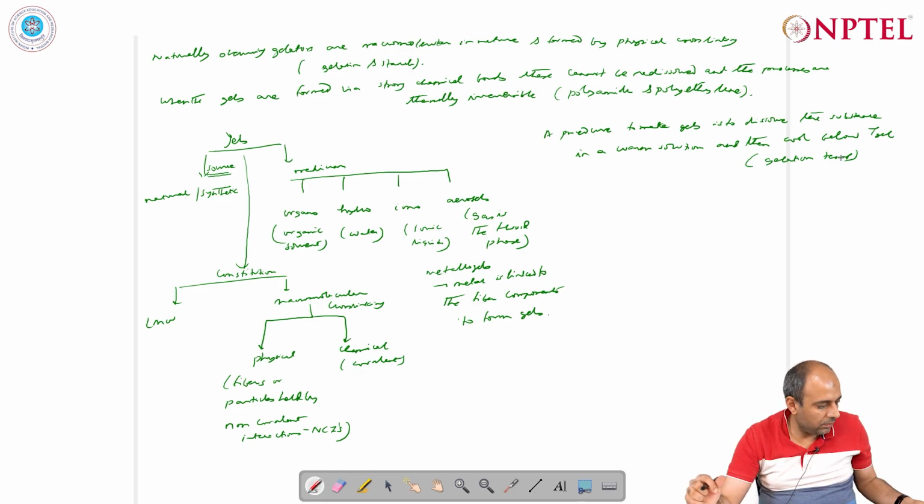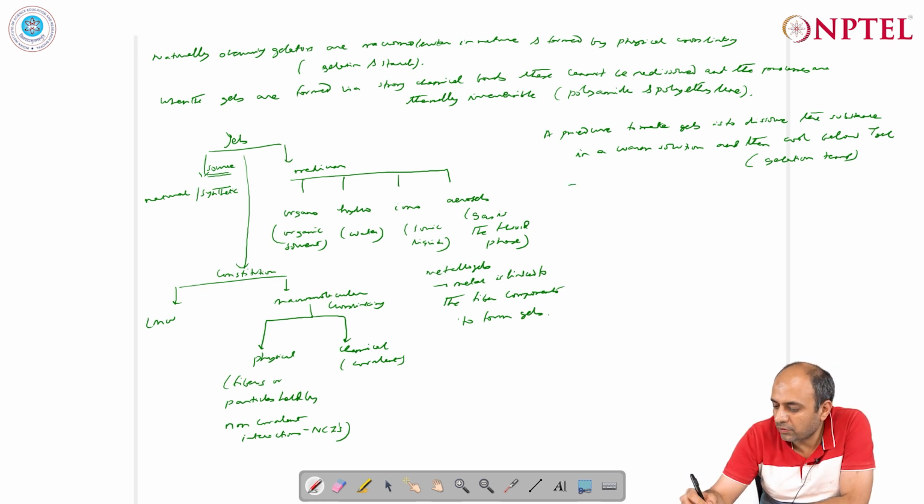And we also have another classification of gel which is called thixotropic gel.